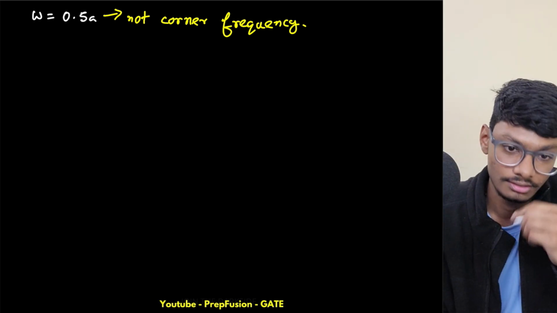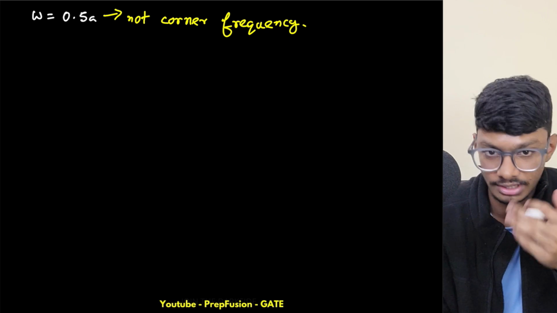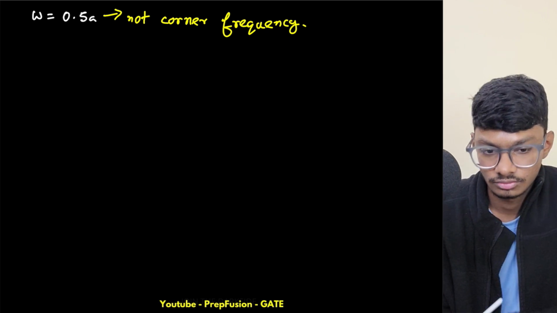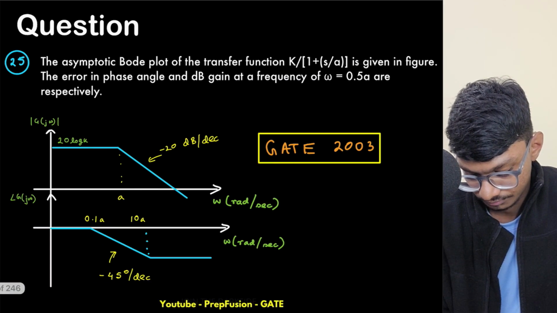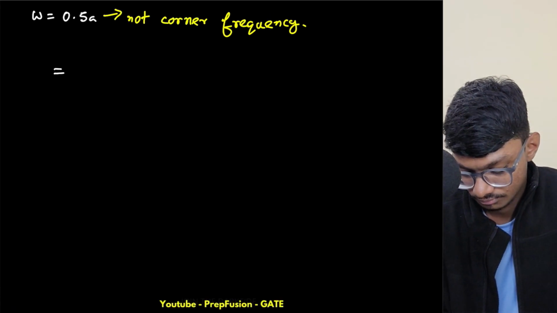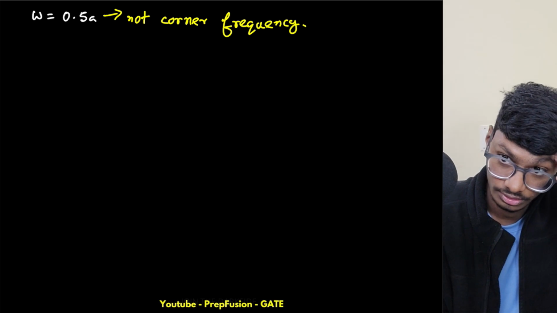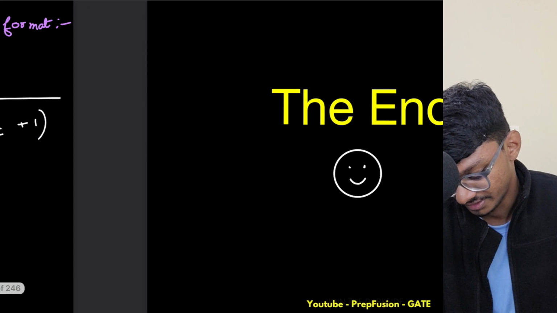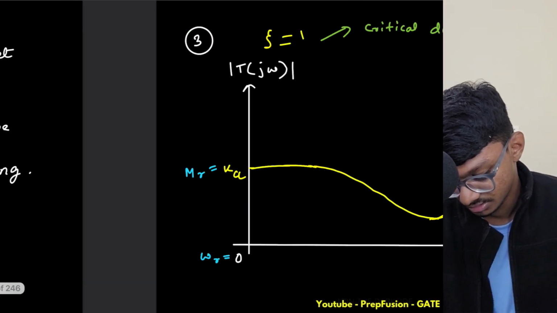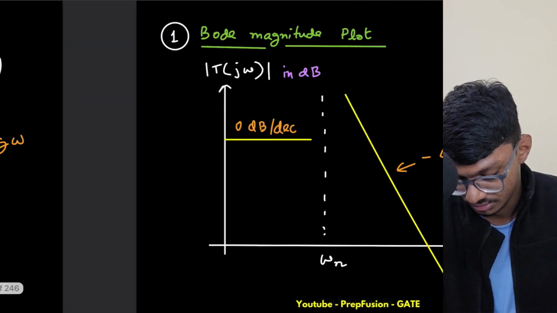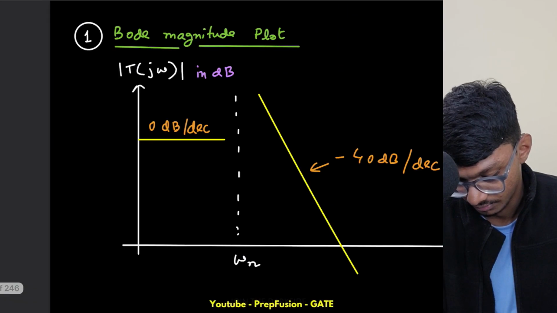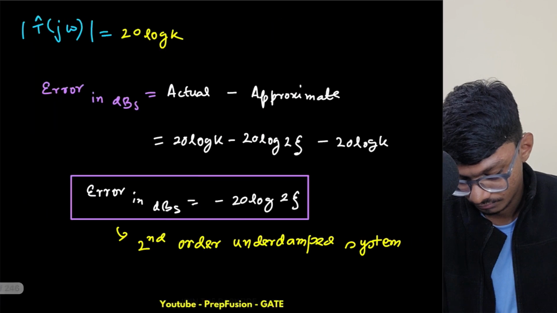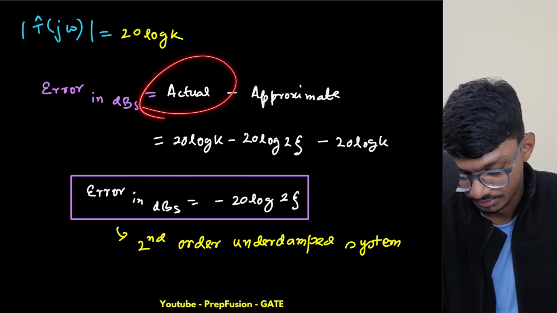Okay, so then what is my error? Error is actual minus approximate value. Okay, so let's write this down. Yeah, it was actual minus approximate value, or I forgot how we used to define the error. Was it approximated minus actual, or what was it? I've written it here, right? Yeah, actual minus approximate.